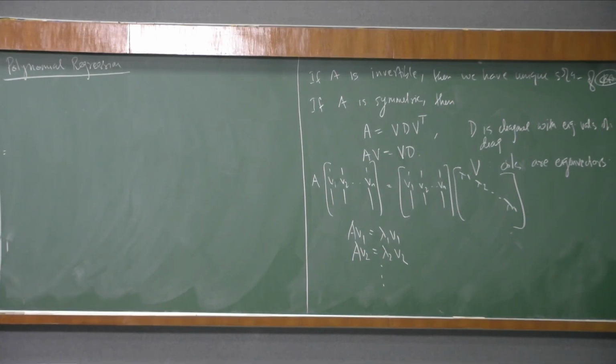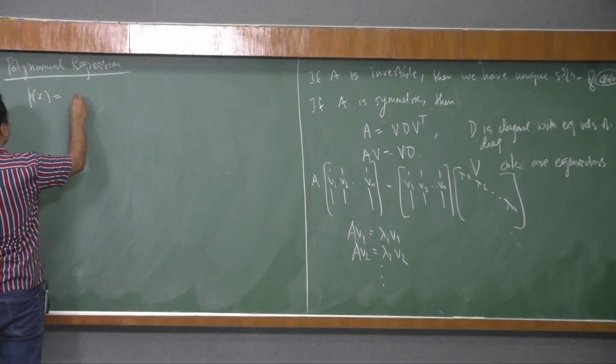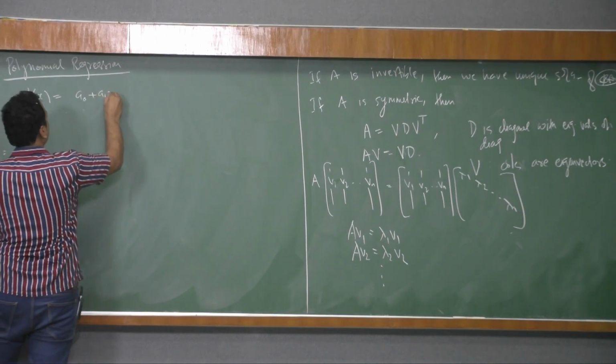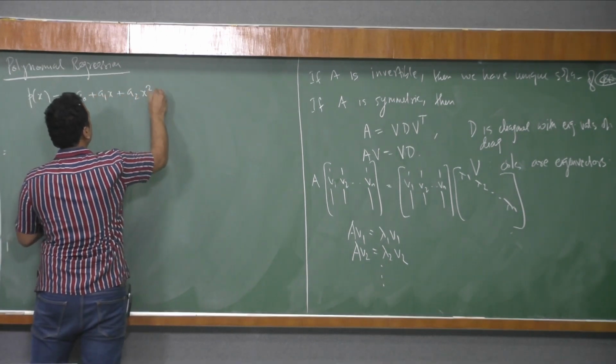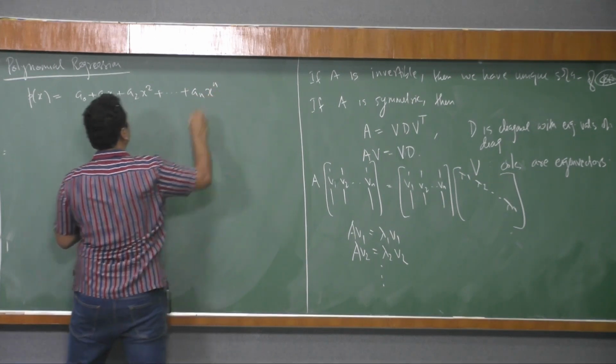In polynomial regression, rather than using lines, we are now allowed to use polynomials. So in this case, we choose polynomials which are a0 plus a1 x plus a2 x square plus dot dot dot plus an x^n.